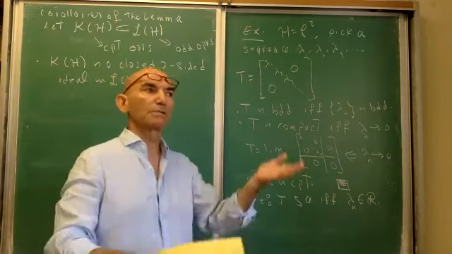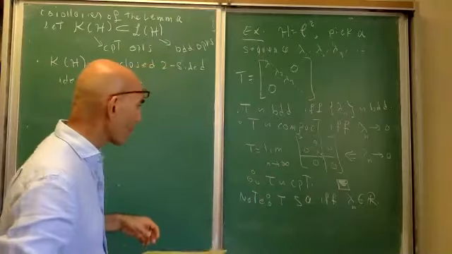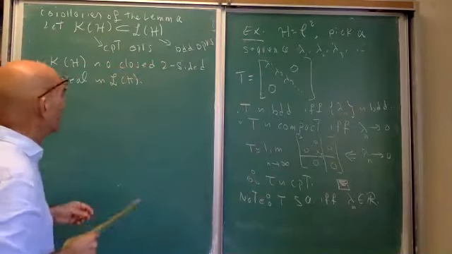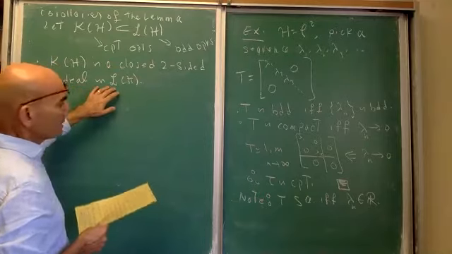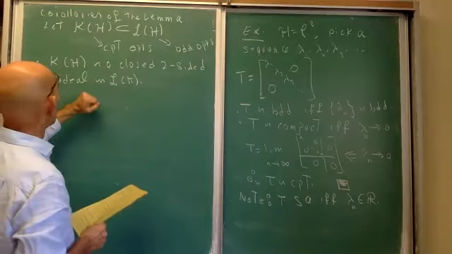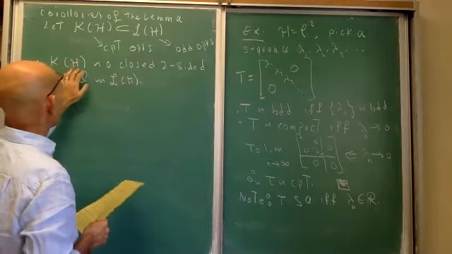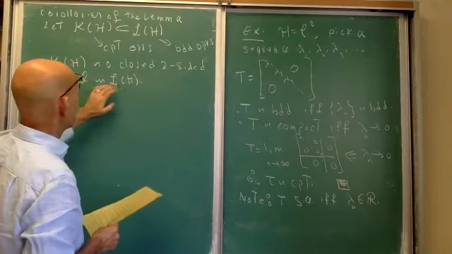So these are limits of elements from this two-sided ideal, so it is a two-sided ideal. Everything here follows easily from the lemma or from first principles. So keep this in mind: K of H is a closed two-sided ideal in L of H.